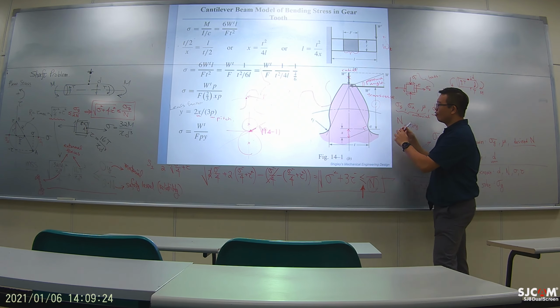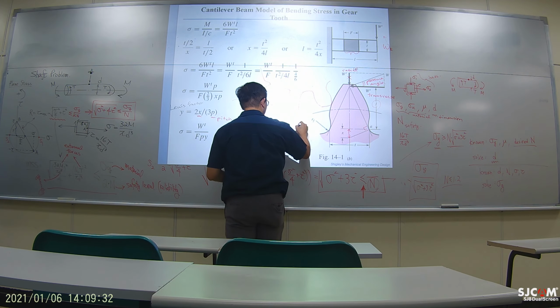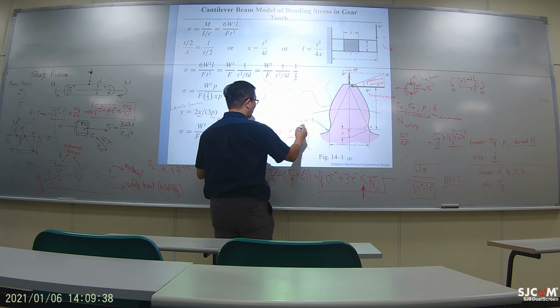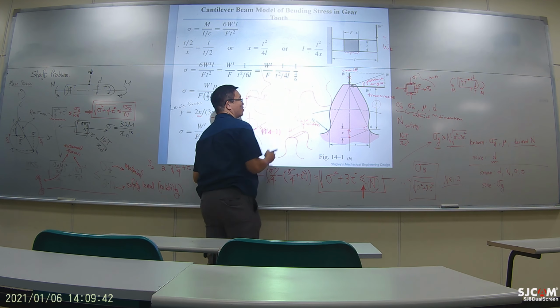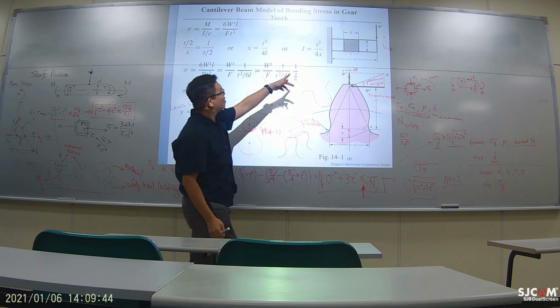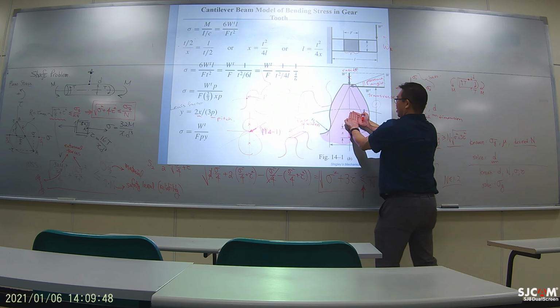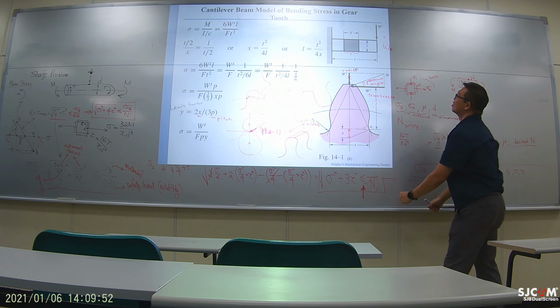So for a tooth, usually there's a thickness, and they usually call this thickness the face. So F represents the face width. F right here is telling you how thick the tooth is.